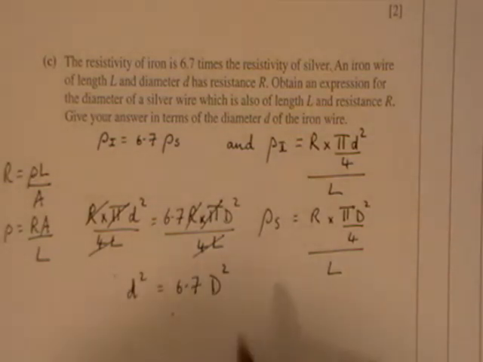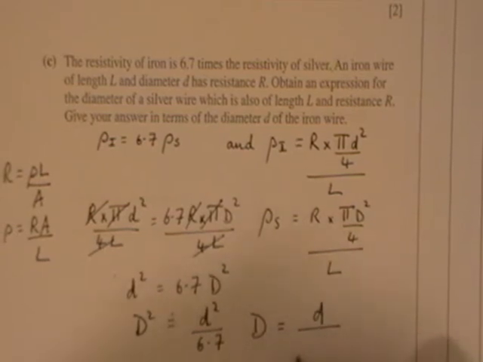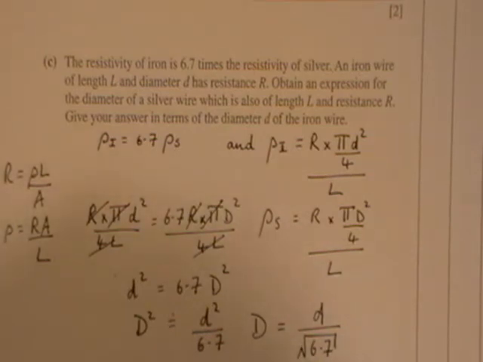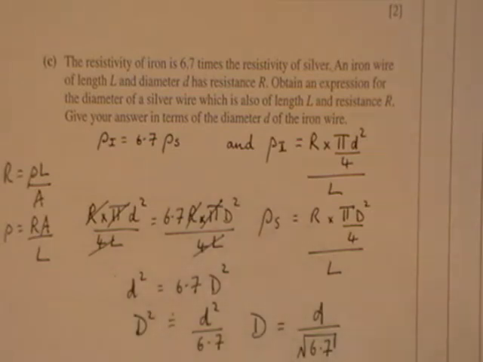So that means that D squared is equal to d squared over 6.7, or D is equal to d over root 6.7. So the diameter of the silver wire is d over the square root of 6.7.